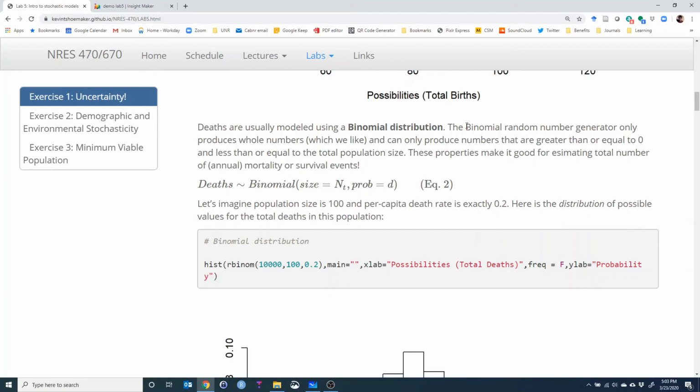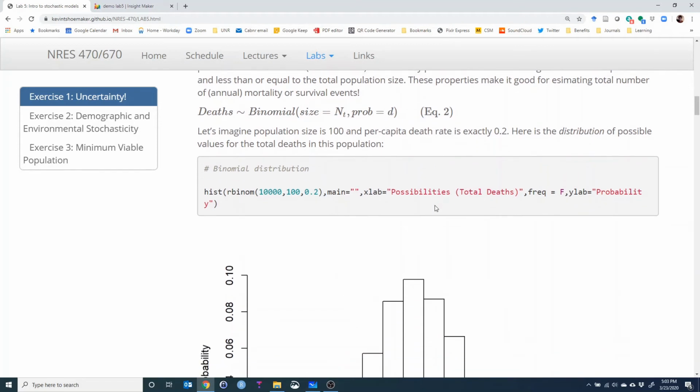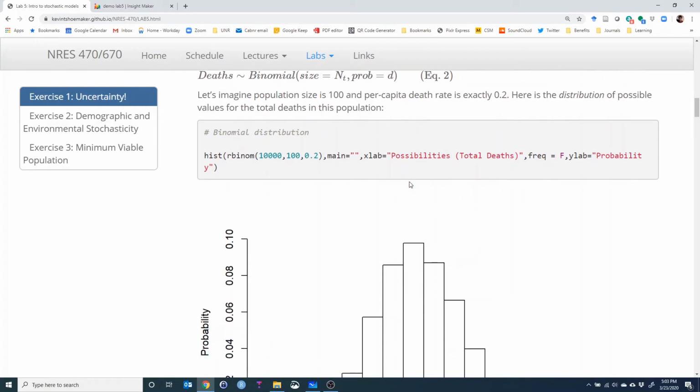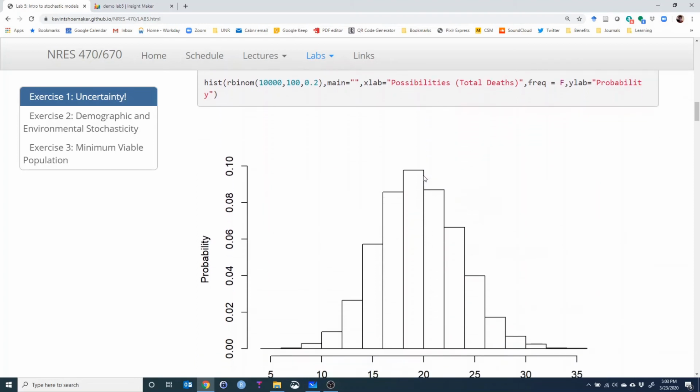And here we're modeling the total deaths as a binomially distributed random variable with the total size of the population, which is basically representing the number of coin flips, and the probability of dying is equal to the per capita death rate. So we can imagine a population size of 100 and a per capita death rate of 0.2, and we can look at the binomially distributed number of deaths that we might expect.